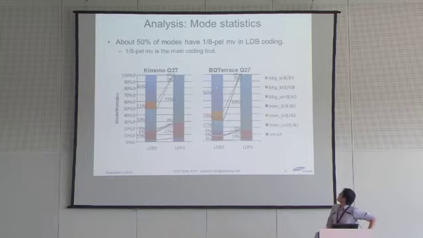Sorry for the small characters there. This represents the eighth-pel precision, and the right side is the quarter-pel precision. Low delay B coding can achieve eighth-pel precision because it uses linear interpolation of two quarter-pel motion vectors.